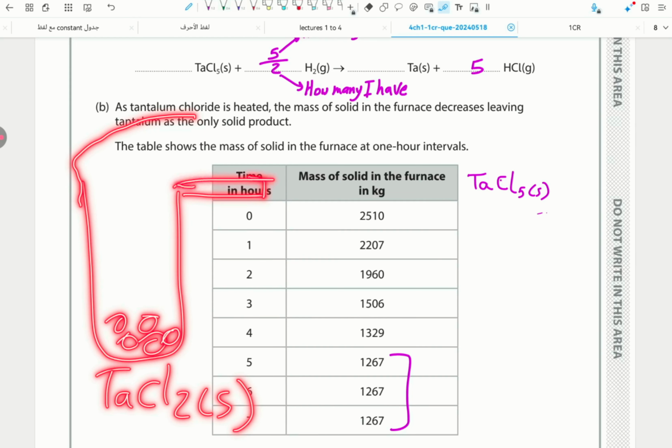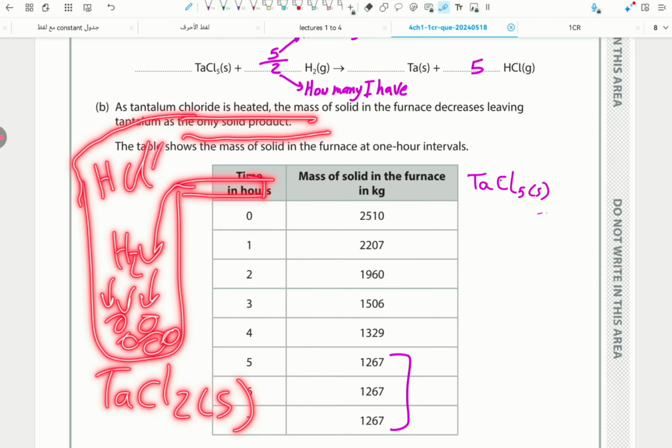We pump hydrogen gas in. This hydrogen will steal the chloride and it will leave like HCl. So the gas is going to be withdrawn, here HCl.